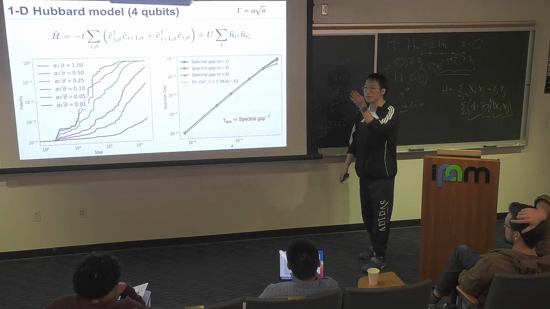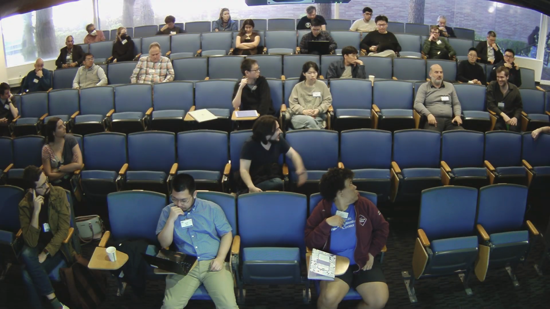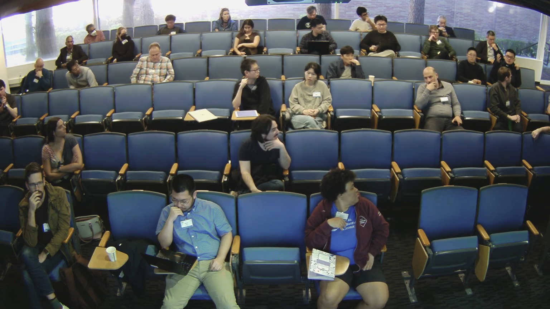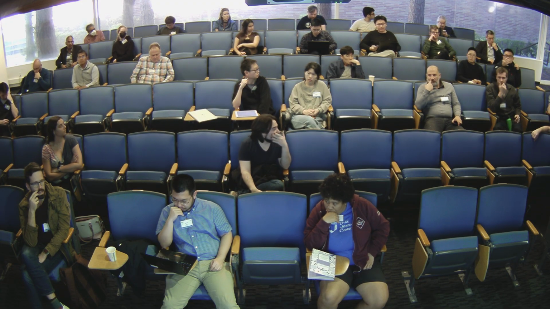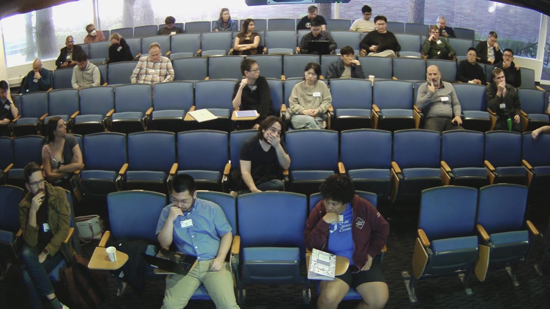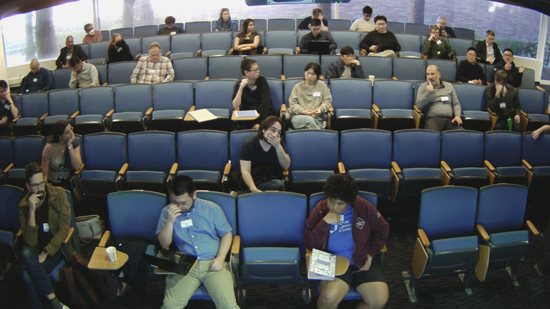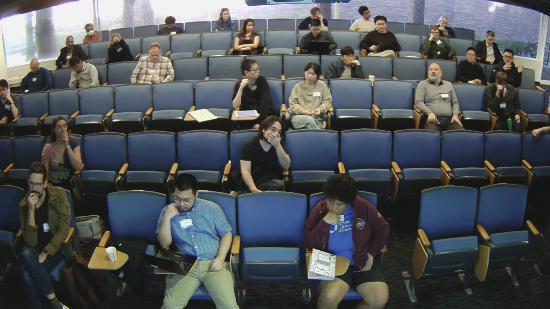Can you prove anything about whether the improvement will monotonically increase? What do you mean? If you were starting from a state with some overlap and you run this Lindbladian algorithm, will the overlap between the ground state and the intermediate state monotonically increase?